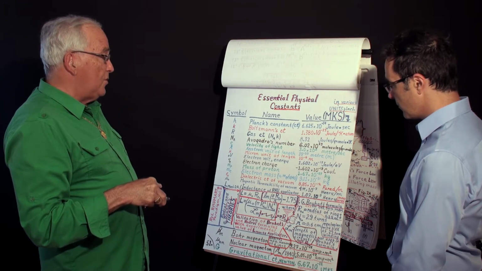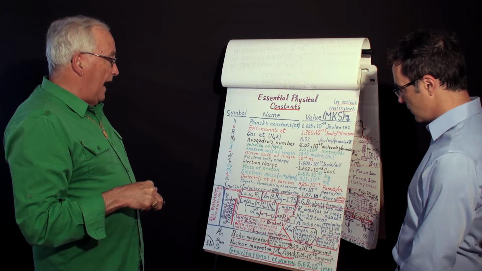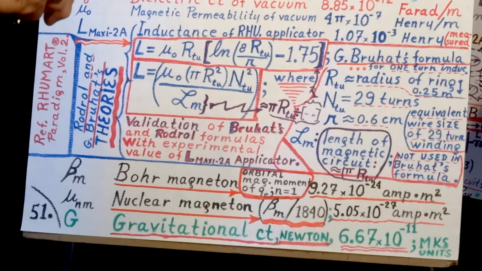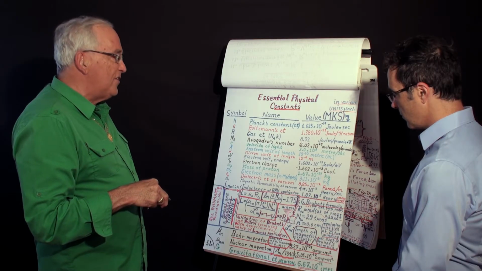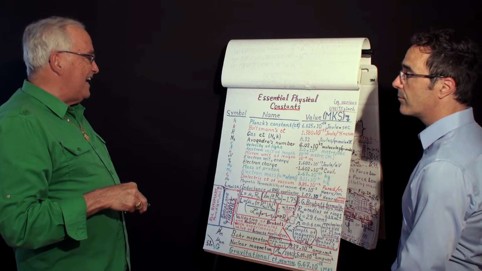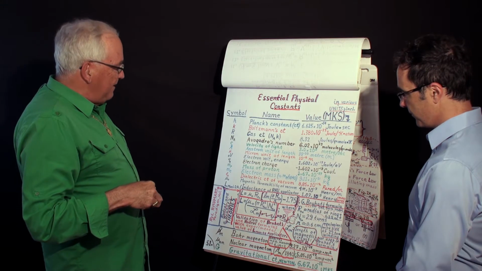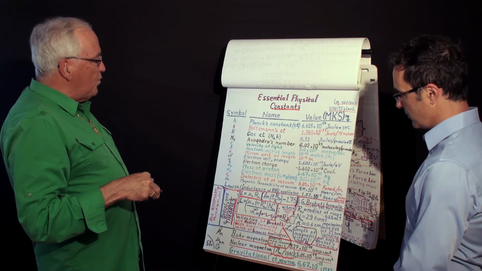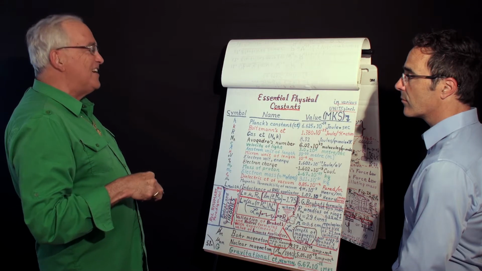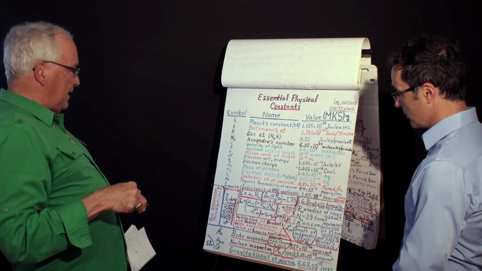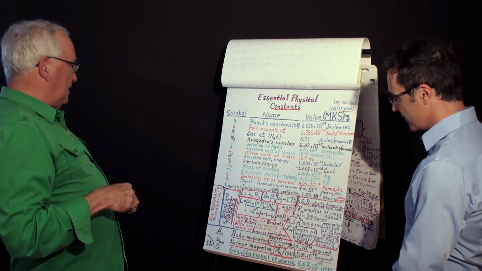Number of turns, 29. So with the 29 turns, if you consider this like only one turn, it would be about 0.6 centimeter in radius. Just using the formula for one turn, I realized that I get the right answer with this formula. So that's interesting. I made a relation between this Breuer formula for one turn and the general formula for n turns. You won't find this anywhere because I made it.